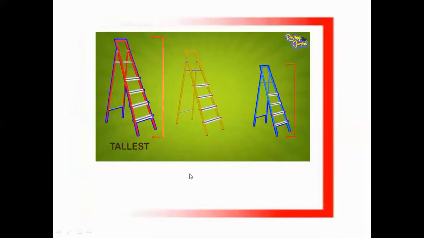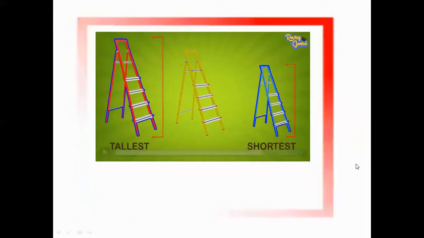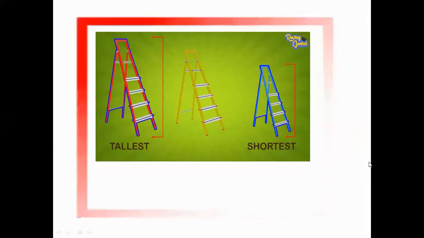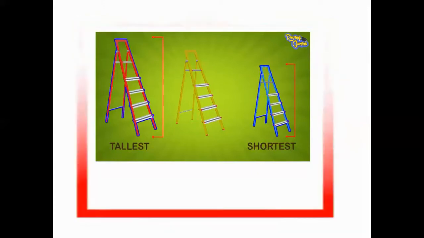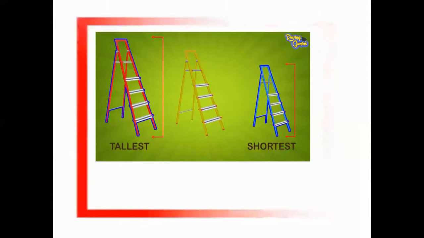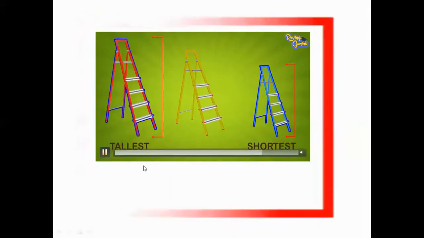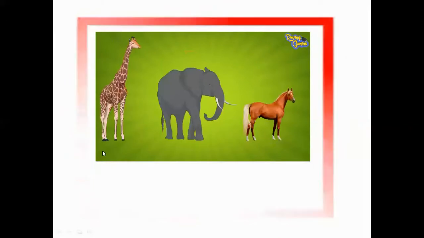Understood? Now we are comparing three pictures, not two pictures. So the red one is tallest and the blue one is shortest among these three ladders. Again, we are comparing the height.